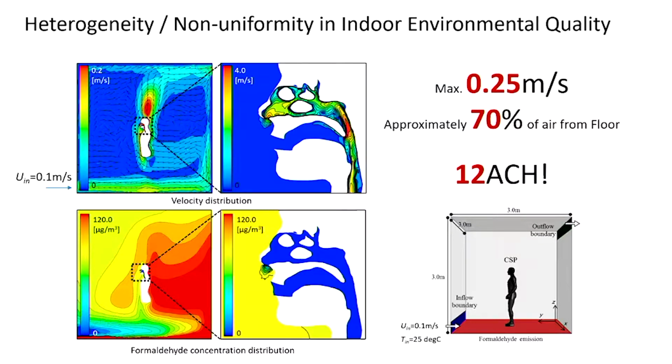In these calculations, approximately 70% of inhaled air was transported from the lower part of this room, from the floor, along with the thermal plume along the body surface, the human body surfaces. And I would like to emphasize again we must consider this heterogeneity, non-uniformity, to discuss the inhalation exposure analysis.